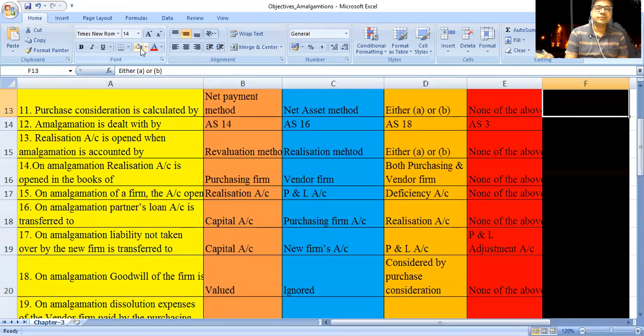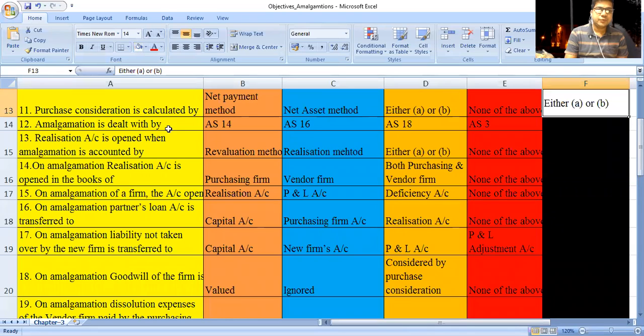The answer will be both the methods we can apply, net payment method and net asset method. Any one method you can apply, either net payment method or net asset method.